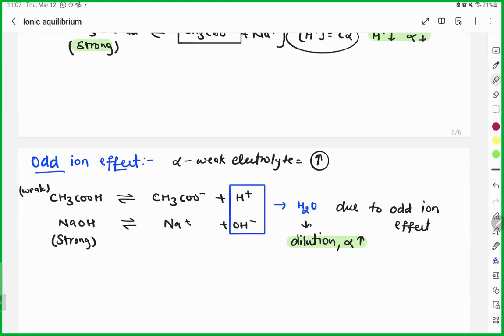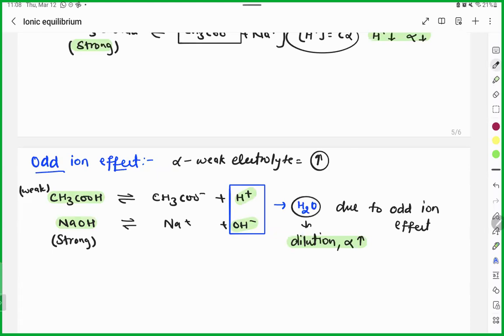Can you explain it again? Yes. You have two different things: one is a strong electrolyte, another is a weak electrolyte. They don't have any common ion, but due to the odd ion, your H positive and OH negative will combine with each other and form water.